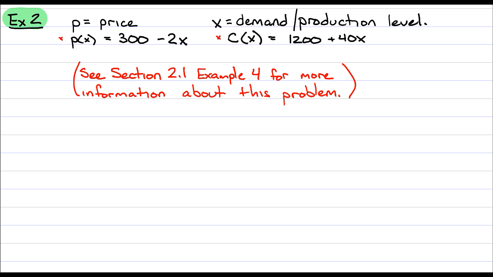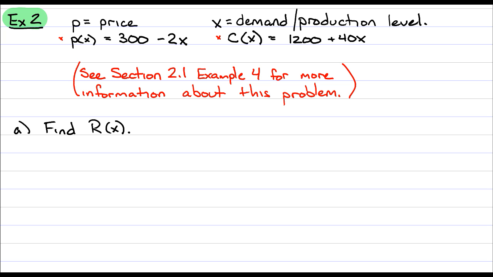So starting with part A, we're asked to find the revenue function. Again, we've done this once before, so you can refer back to section 2.1, example 4, for help on this, but I'll do it again here, much quicker.